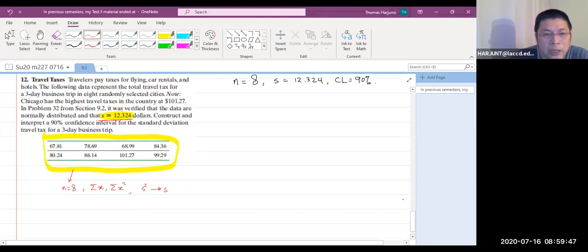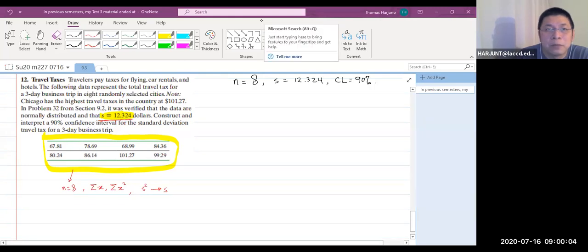Now, if I say just find it using your calculator, then you plug this into your calculator. Let me remind you where to plug that in, into the list, so you can confirm that using your calculator. In a second, I'm calling my calculator.